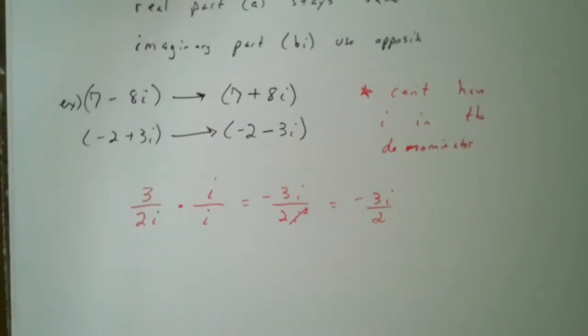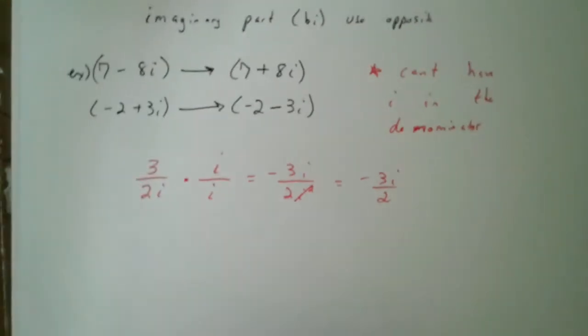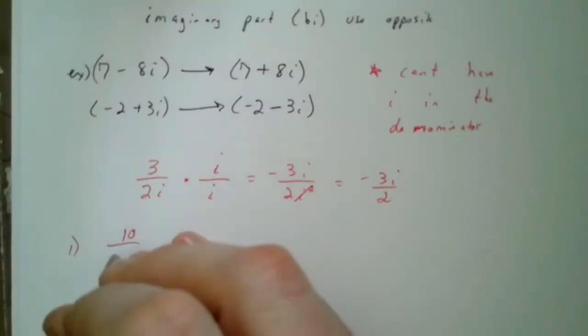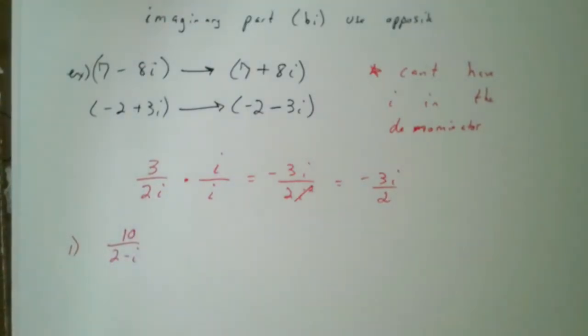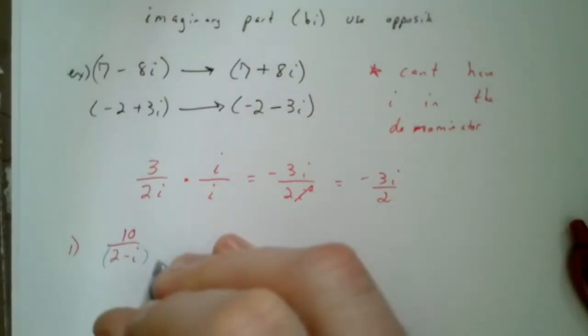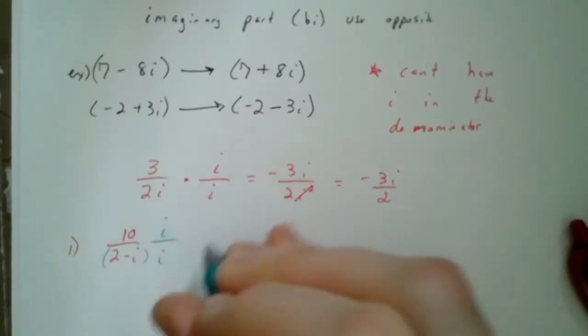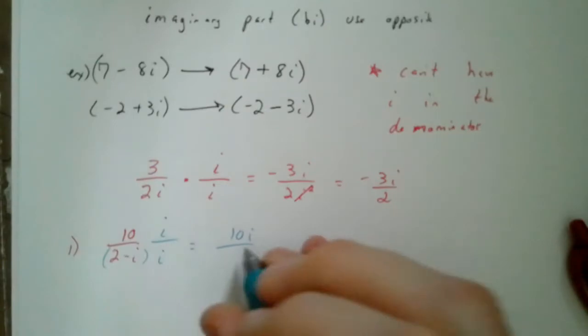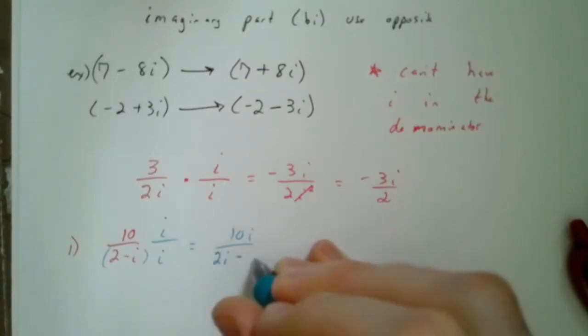But if we take a look at a slightly more challenging problem, maybe one where we've got something like 10 over 2 minus i. First thing here, if I just multiply top and bottom by i, it's not going to work. Watch what happens. If we multiply the bottom by i and the top by i, I get 10i up top, but on the bottom, I distribute this i, and I get 2i minus negative 1, which becomes plus 1.